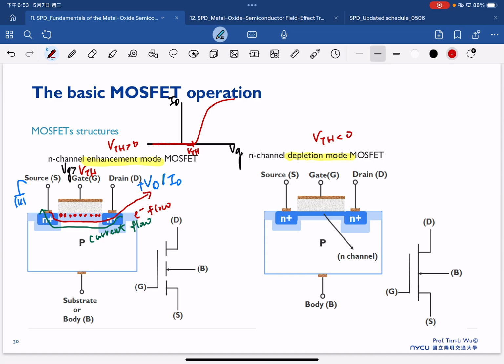That's the basic characteristic for the N-channel enhancement MOSFET.